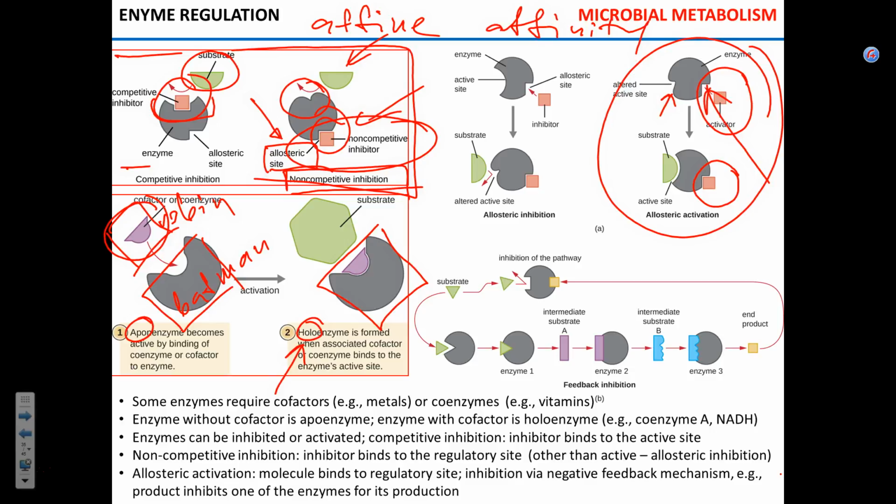But the activity of enzymes can also be regulated at the higher level, the level of functional enzyme. Imagine that you have enzyme 1 that converts the initial substrate into intermediate A. Then you have enzyme 2 that converts it into intermediate B, and enzyme 3 that finally converts it into the product.